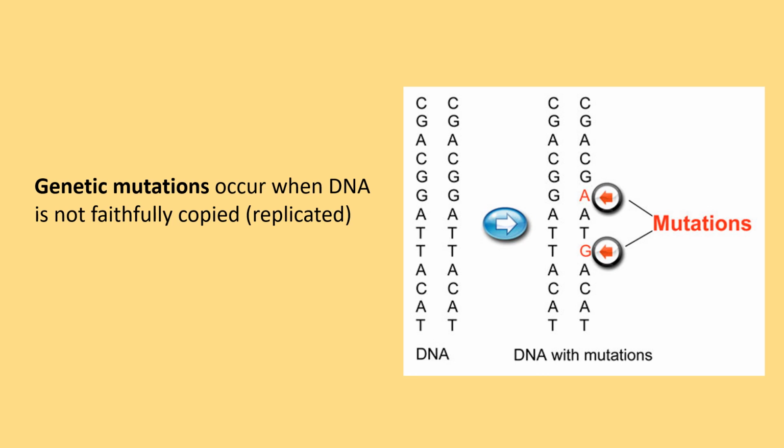One way that we can alter the primary structure of a polypeptide chain is through genetic mutation. As we've just been talking about, genes provide instructions for making proteins.